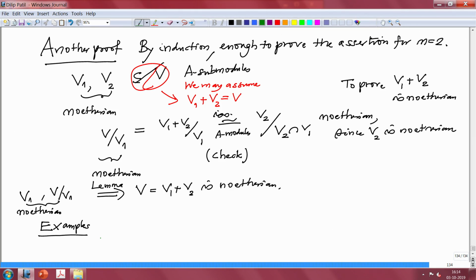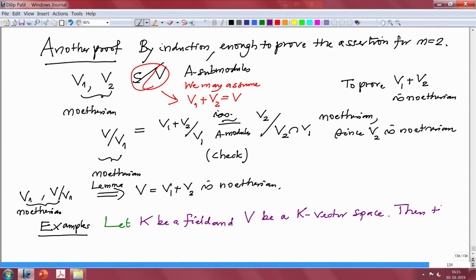Okay. So first, let us take the case when the base ring is a field. So let K be a field. Now instead of modules I will keep saying vector spaces. Let V be a K vector space. Then the following are equivalent.